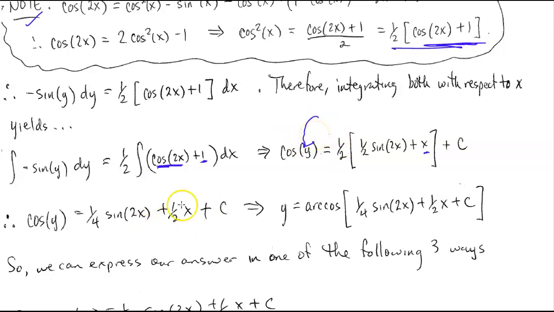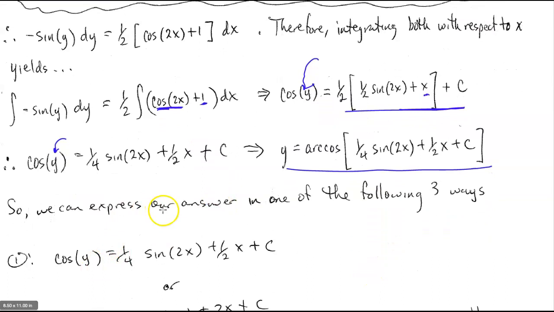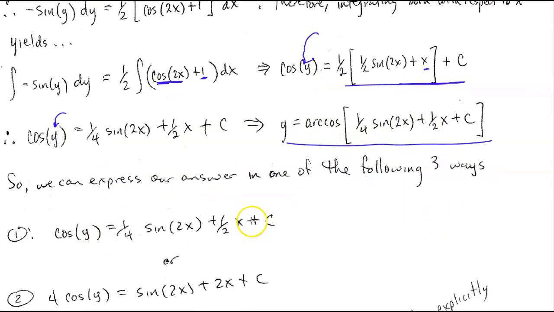So I clean all this up on the right-hand side, and then I do the arc cosine on both sides. And of course, that frees up this particular y. And of course, we have arc cosine, or cosine inverse, if you like to express it that way, of all this business here. And so now we know that we can express this particular answer in one of three ways.